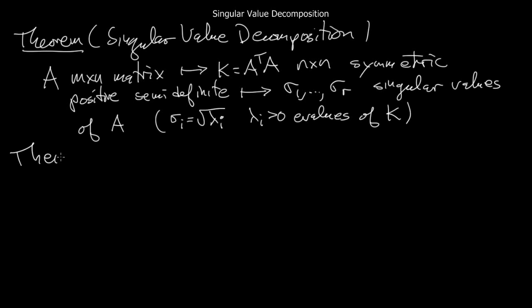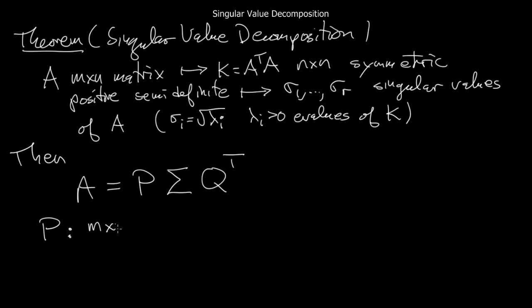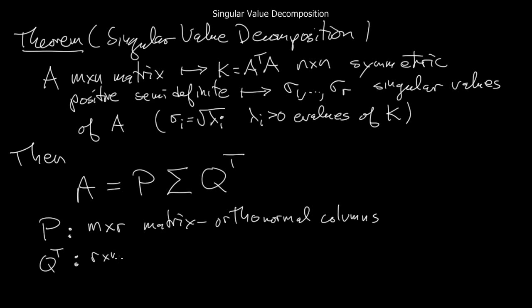And then the theorem says that you can write A as P sigma Q transpose, where P is an m by r matrix with orthonormal columns, and Q transpose is an r by n matrix with orthonormal rows.